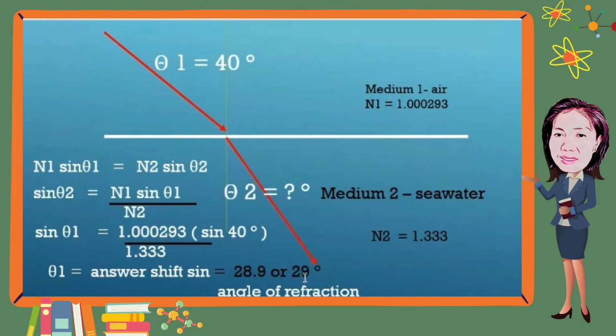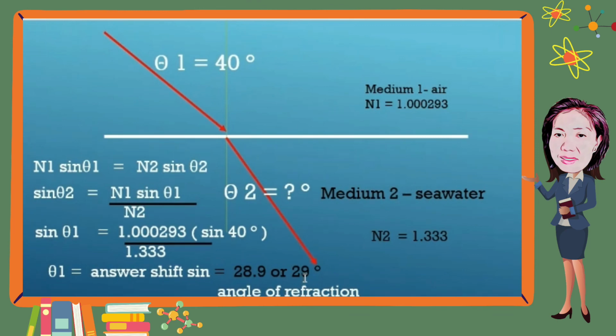So, ang gawin mo, pindutin ang sine, 23 times 1.00293 divided by 1.333. Then shift sine. Kung error class, you can repeat it again.